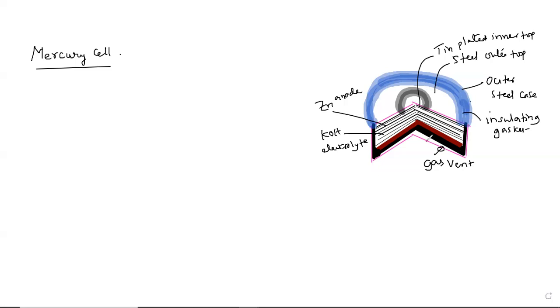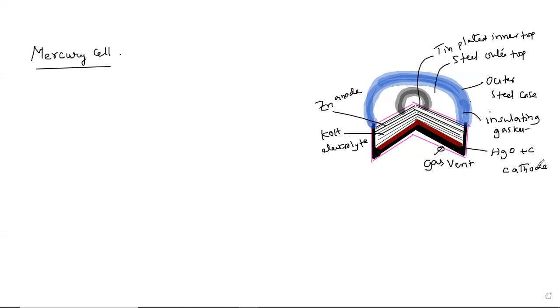The cathode is a compound, mercuric oxide, HgO, mixed with graphite. That acts as the cathode in this mercury cell.